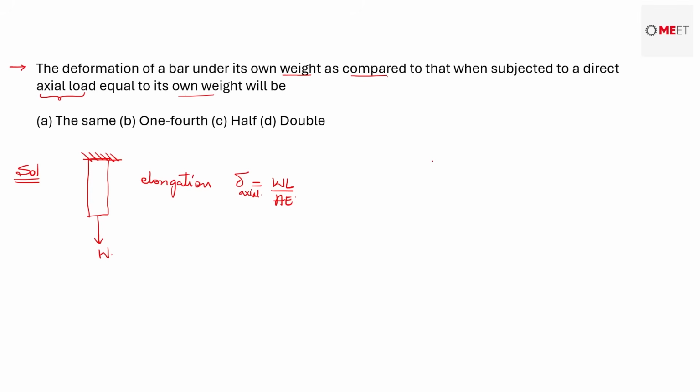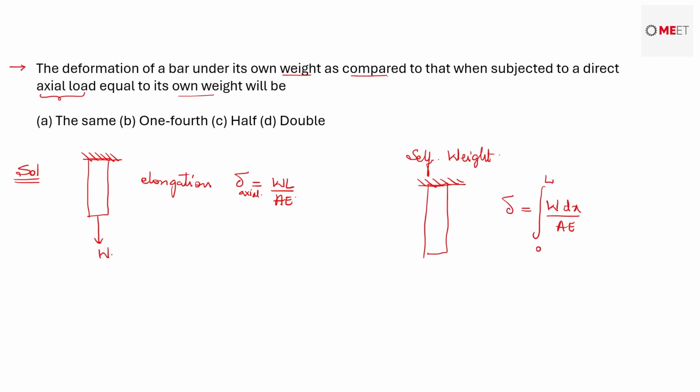Next case is due to self weight. So for self weight, the deformation is expressed as delta is equal to integral 0 to L of W dx divided by AE.